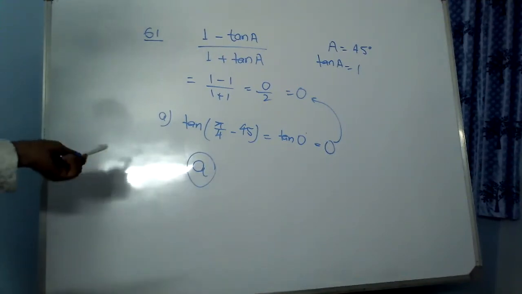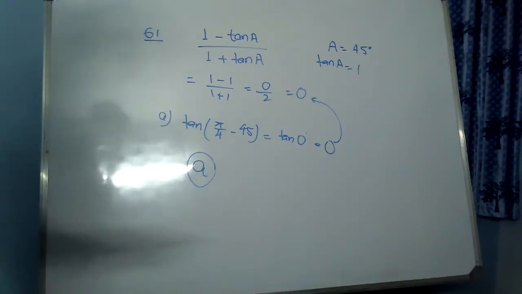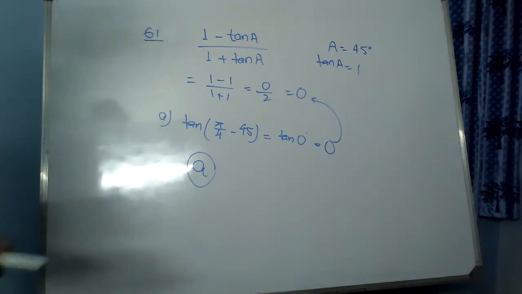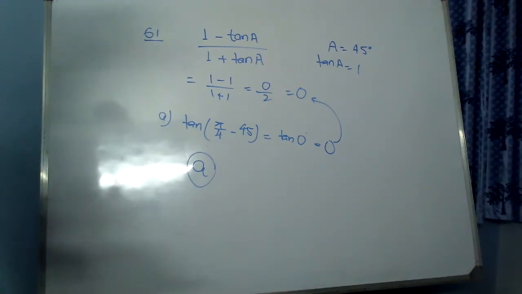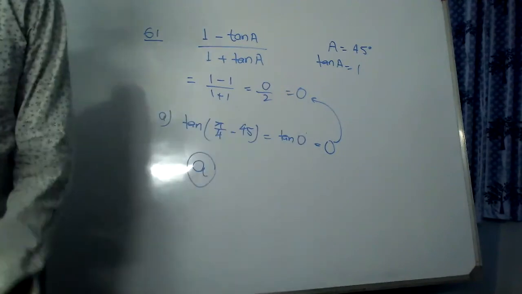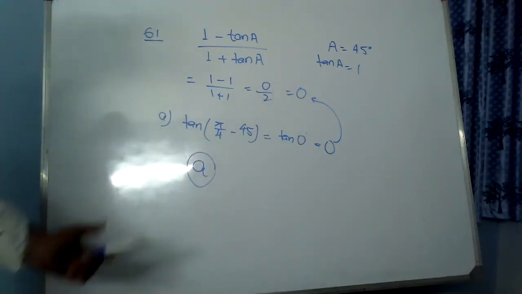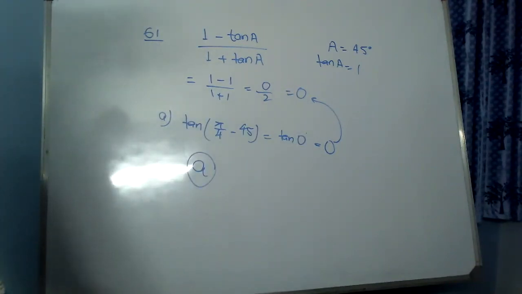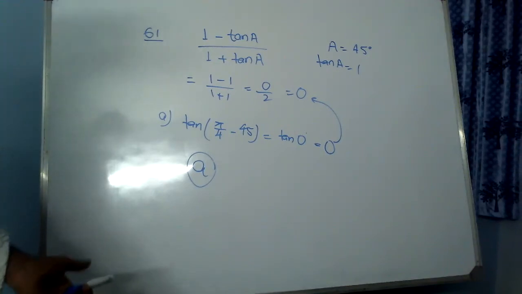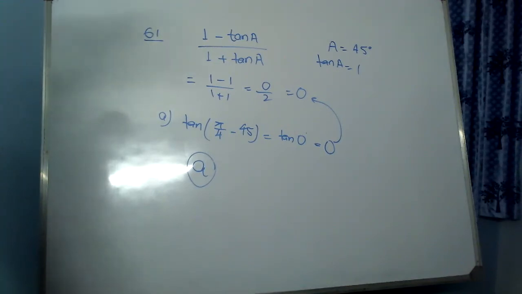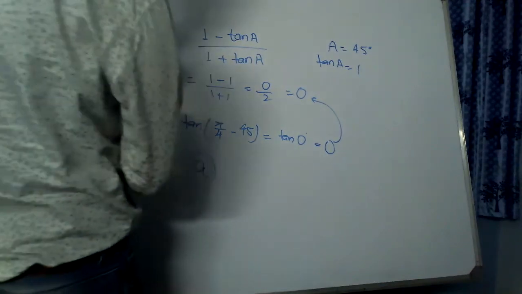If you check option B, tan of pi by 4 plus a, that is tan of 45 plus 45, that is tan 90 degree, which is not defined, and not defined doesn't match with 0. So that option will anyway fail. Third option, tan 45 plus tan 45, 1 plus 1, 2, again failed. Fourth option, cot of pi by 4 minus cot a. In that case, it can give you the fourth option also, but since I'm looking for it in terms of tan, option A will go right.